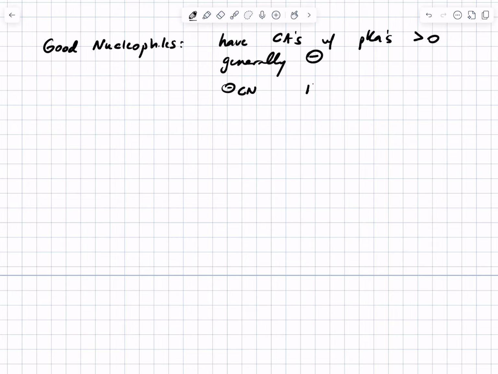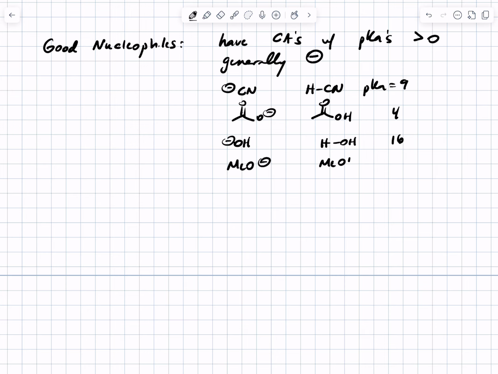We would include hydroxide, whose conjugate acid's pKa is around 16. We would include alkoxides, like methoxide, whose conjugate acid's pKa is also around 16. We would include things like this deprotonated alkyne or an acetylide, whose conjugate acid's pKa is around 25. All of these are good nucleophiles.